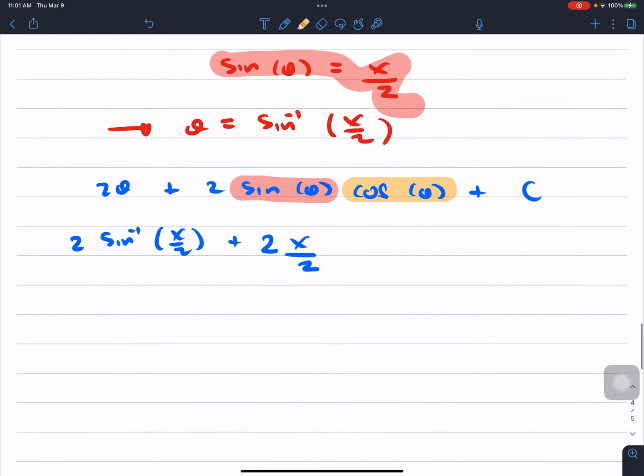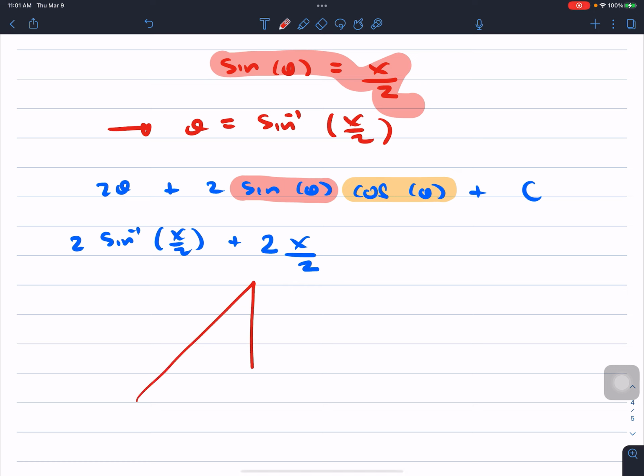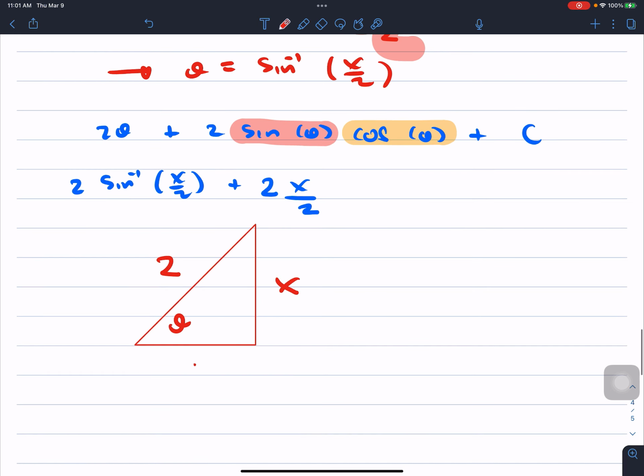So how do you get cosine theta now, ladies and gentlemen? What do you guys know? You make your right triangle here. Okay, here's my theta. We know sine is, what's the definition of sine? Opposite over hypotenuse. Pythagorean theorem says the adjacent side is going to be that radical, square root of 4 minus x squared. What happens with cosine theta then? What's the definition?